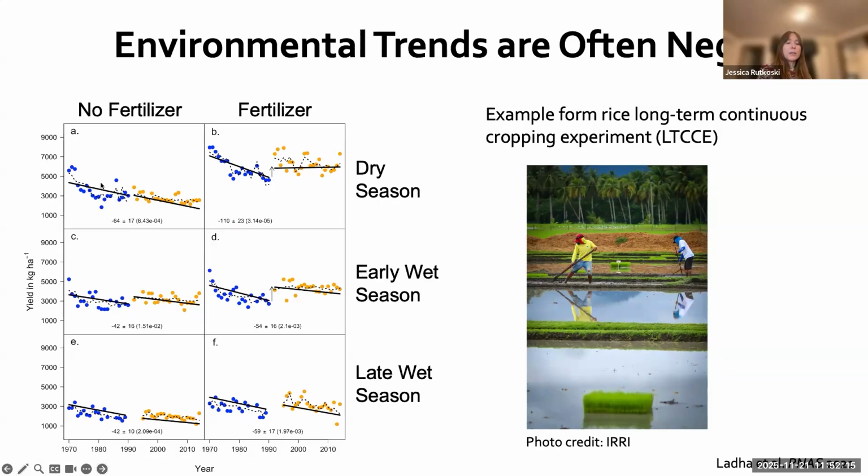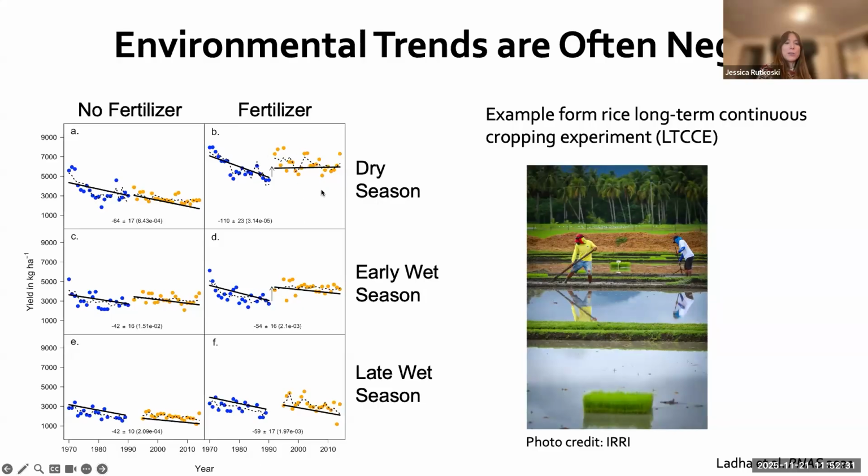And here were the environmental trends that we saw in each of the different seasons. And you could see that in most cases, we saw this decline in the yields.